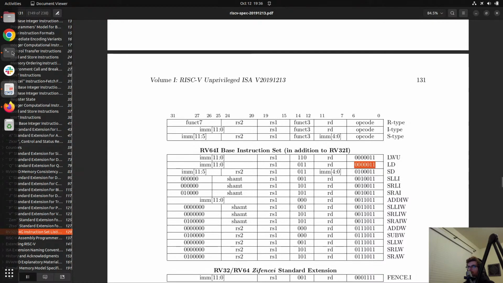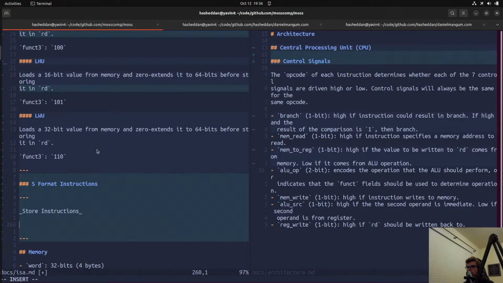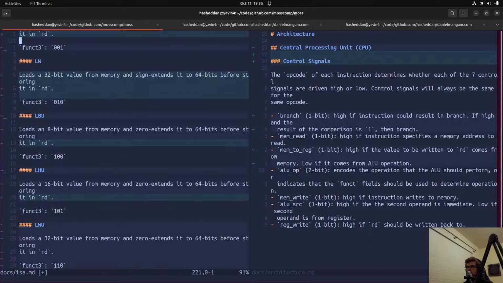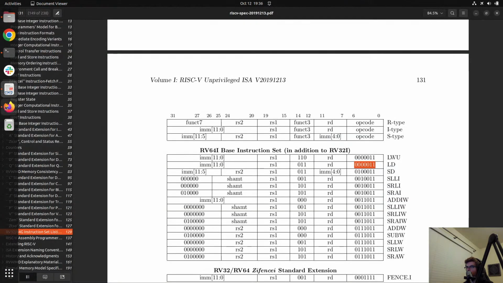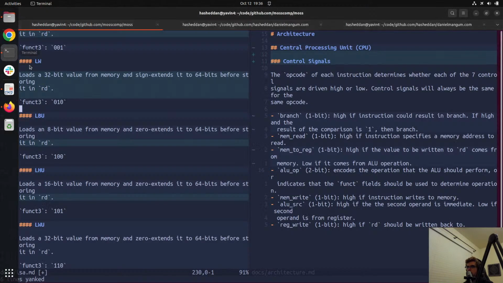It's right in front of me too. Actually, I'm going to grab 0, 1, 1 in the funct3. Cool.